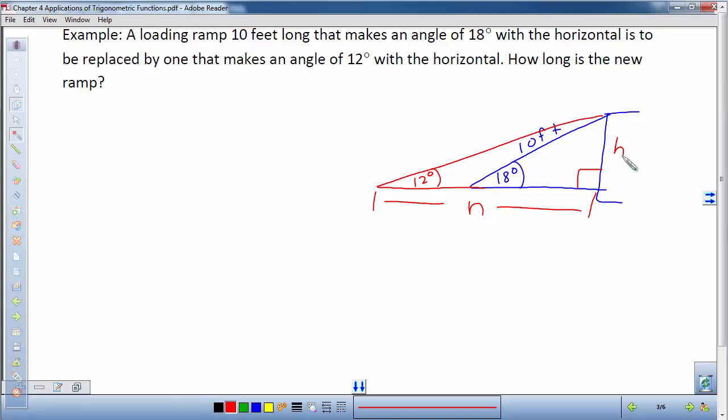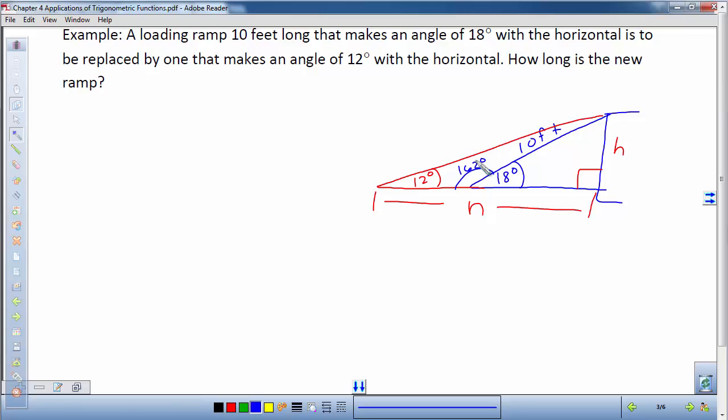Okay, so we're going to go all the way back to right triangles. How would you do it? Well, I can figure out this angle, right? So that would be 180 minus 18, so that's 162 degrees.